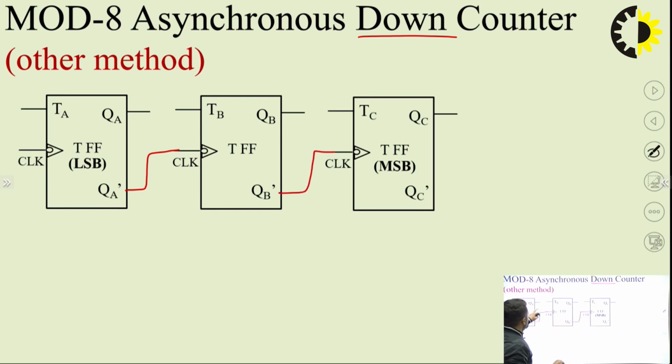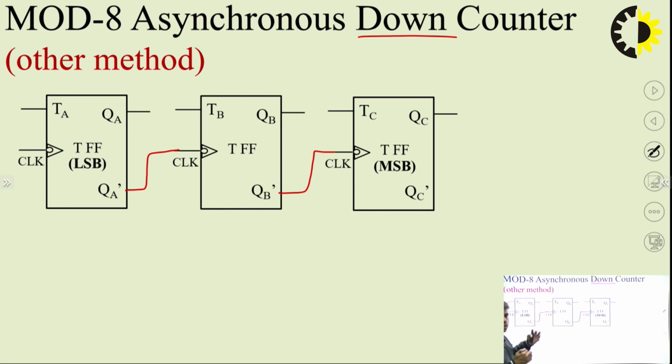Why? Because if QA is generating a positive transition, then QA bar will be generating a negative transition. That means whenever QA is functioning as positive edge, QA bar will be delivering negative edge. If QA is delivering negative edge, then QA bar will be delivering positive edge. That means if the requirement is not met by QA, then instead of using the positive edge, I am connecting the outputs from the inverted output of the previous flip-flop.